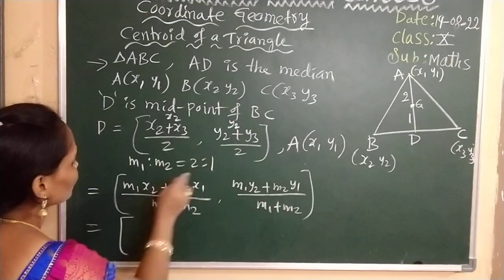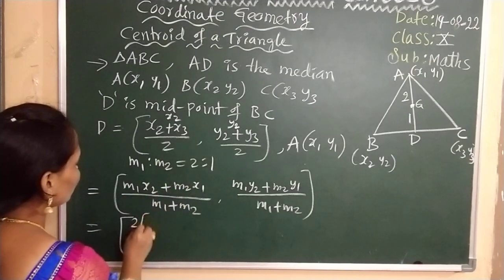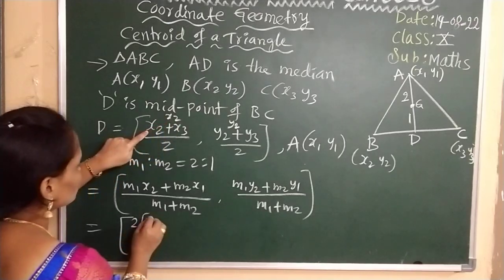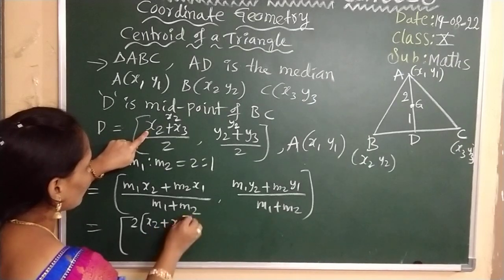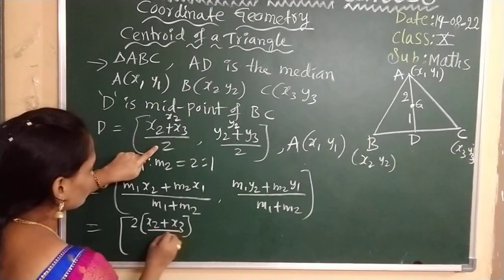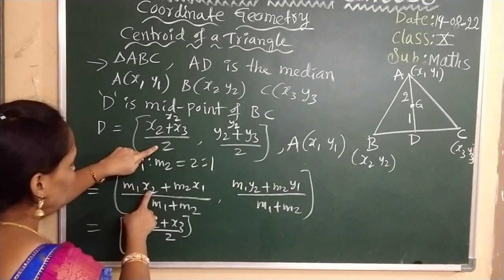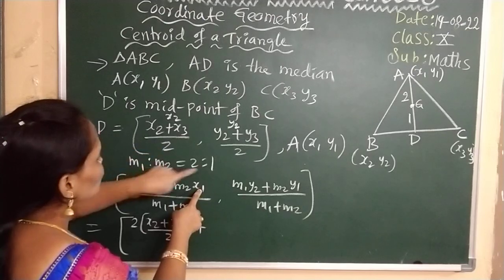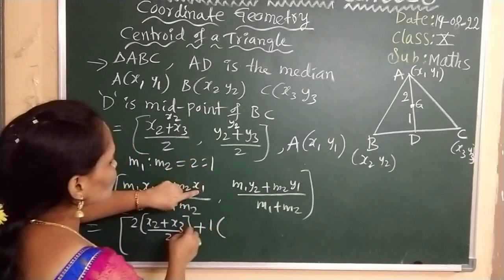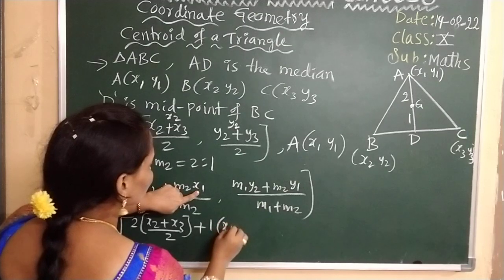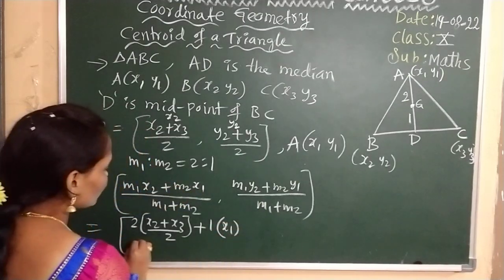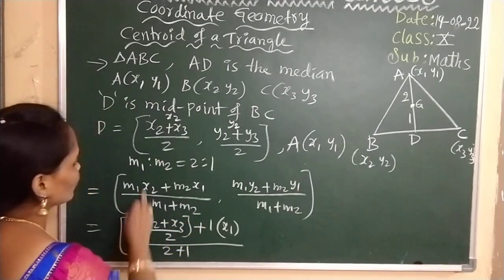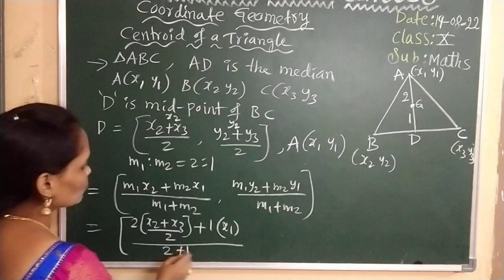Now m1 is 2, and x2 is the full value (x2 plus x3) by 2. So m1 x2 plus m2 x1, where m2 is 1 into x1, means x1 only, divided by m1 plus m2, that is 2 plus 1.